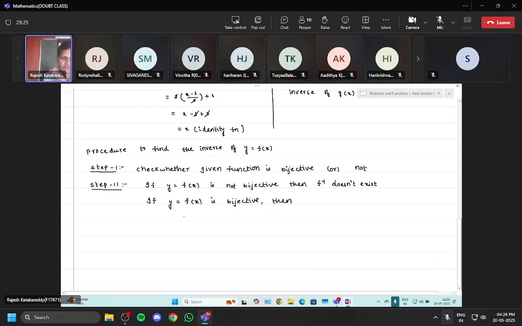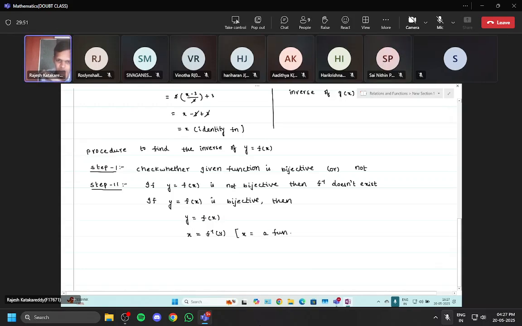then you consider the equation y is equal to f of x, and manipulate it. You can use all mathematical techniques and find x is equal to f inverse y. I need x is equal to a function in y.